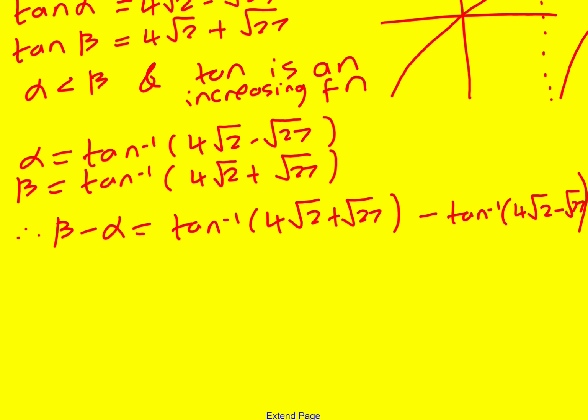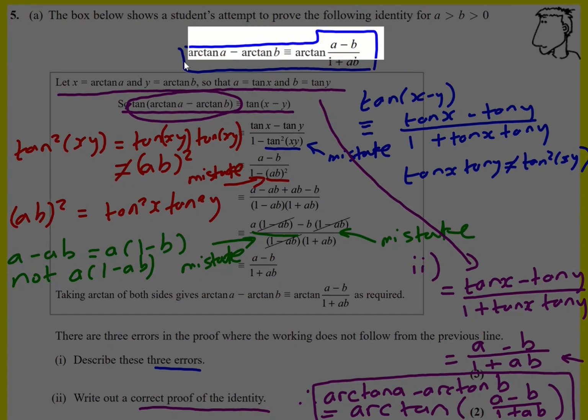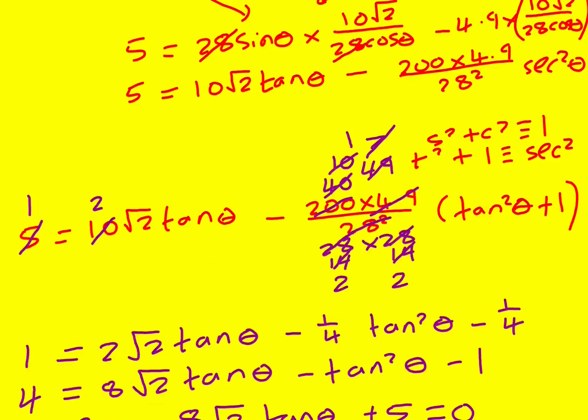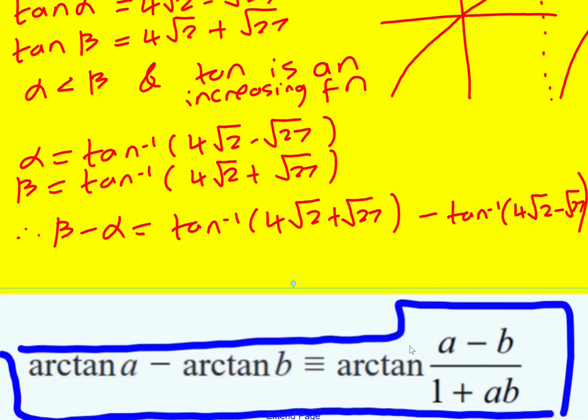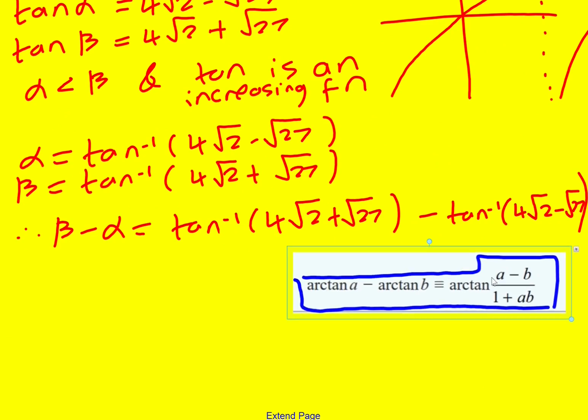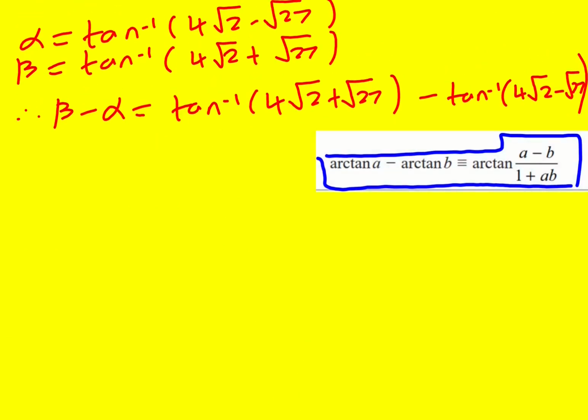But let's not forget the result we showed earlier on, this one here. Okay, and I can sense that we are pretty close. So this is A for us, and this is B.